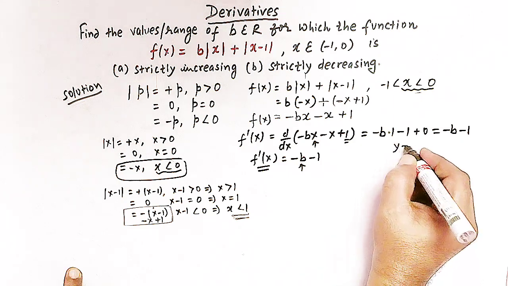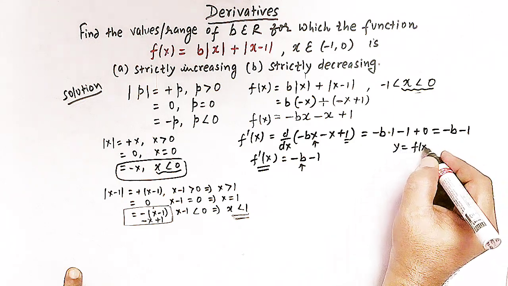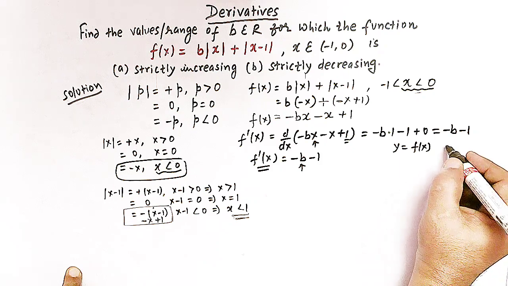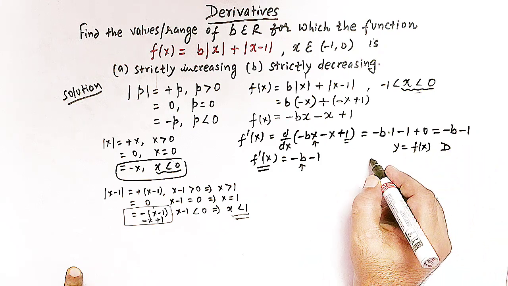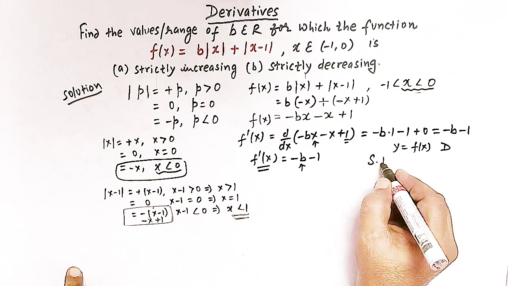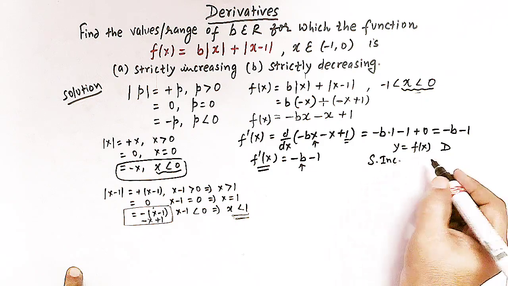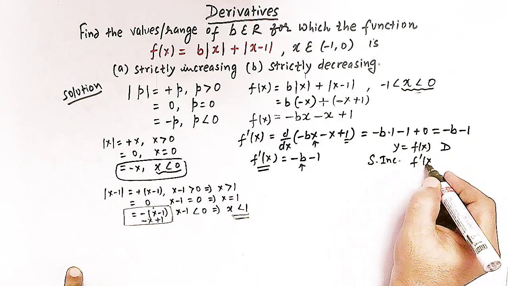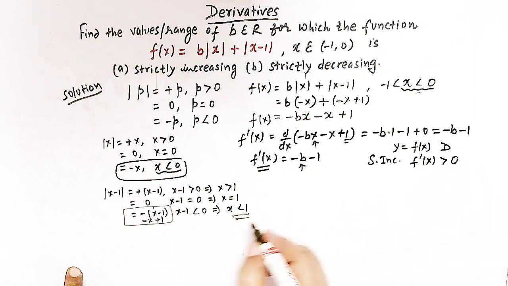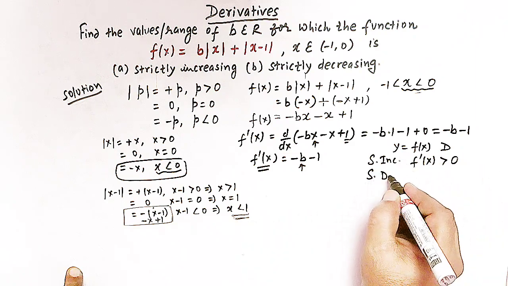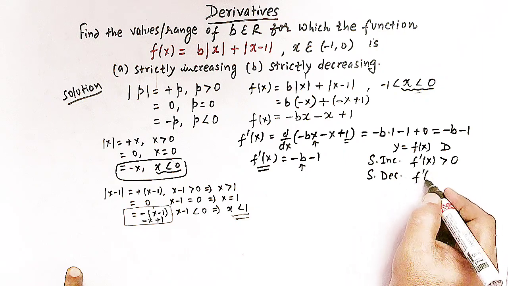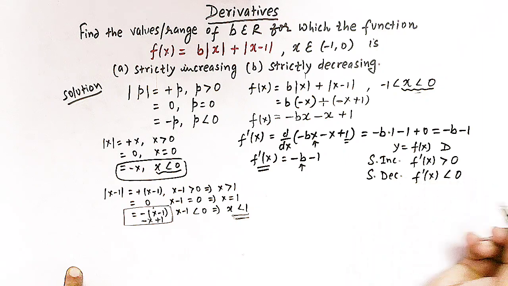If we have a function y equal to f of x, defined in some domain D, then this function is said to be strictly increasing when f prime of x is greater than 0, and strictly decreasing when the derivative is less than 0.